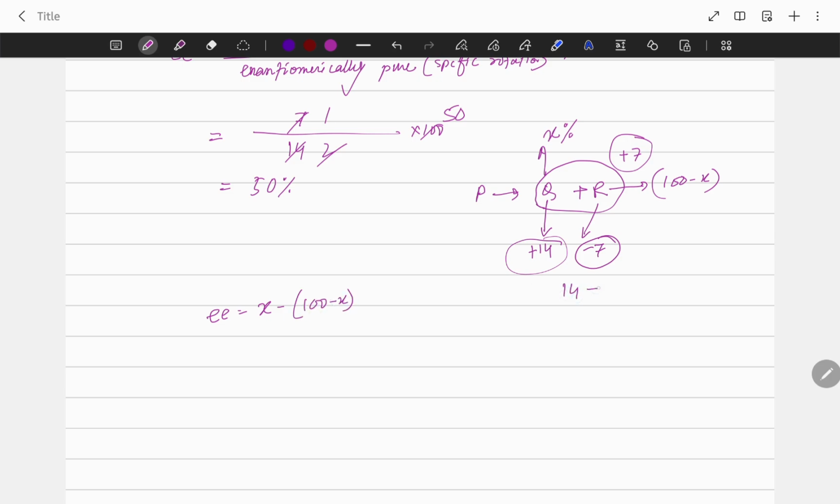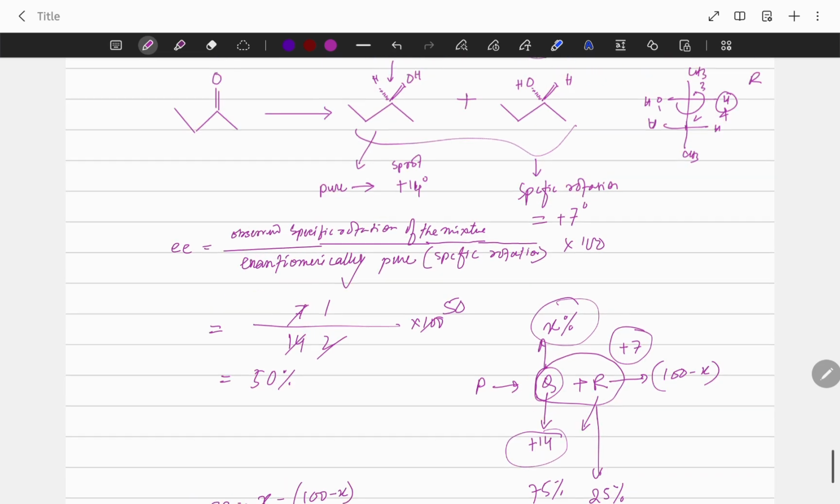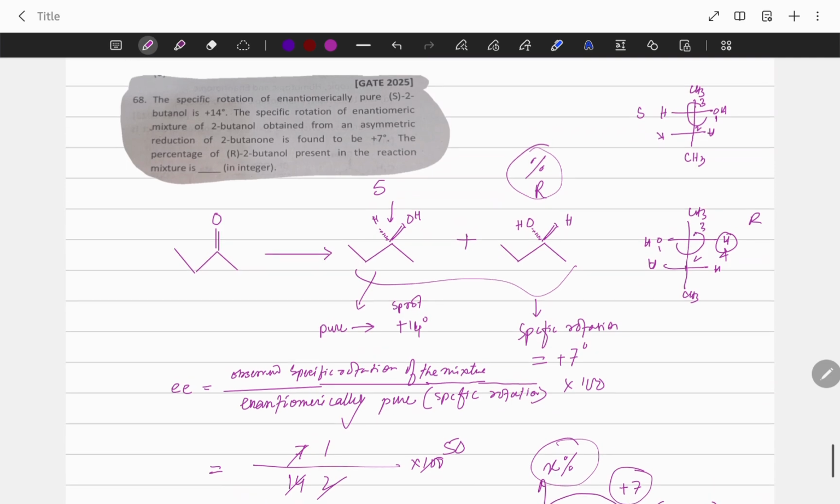So 50 is equal to twice X minus 100. Then twice X is equal to 150, and X is equal to 75%. So the percentage of S is 75%, and the R is obviously 25%. So the percentage of R-2-butanol present in the reaction mixture is 25%.